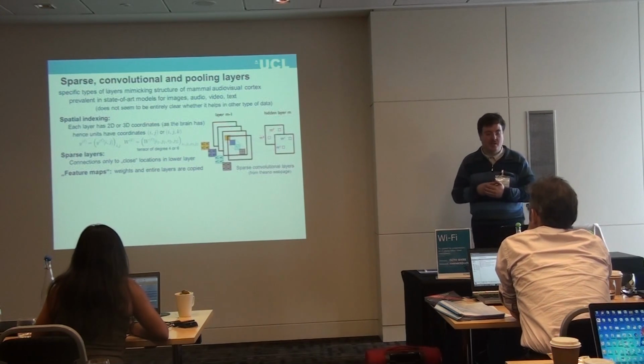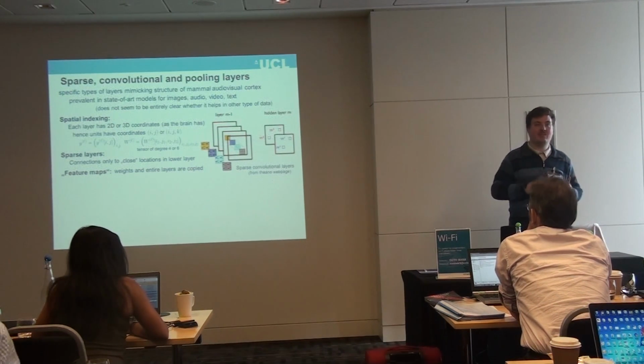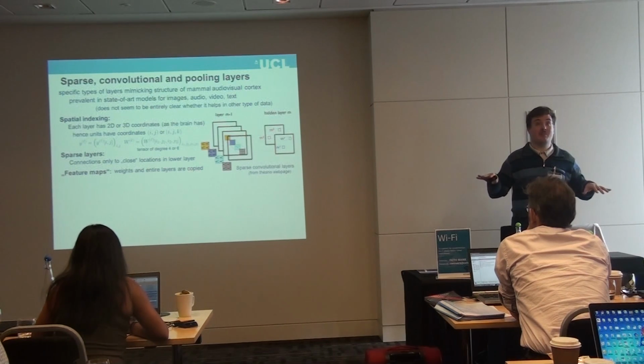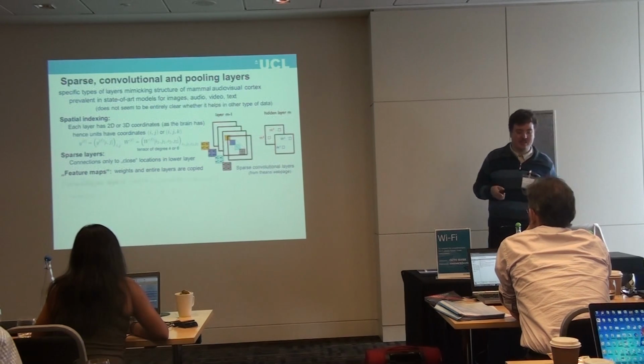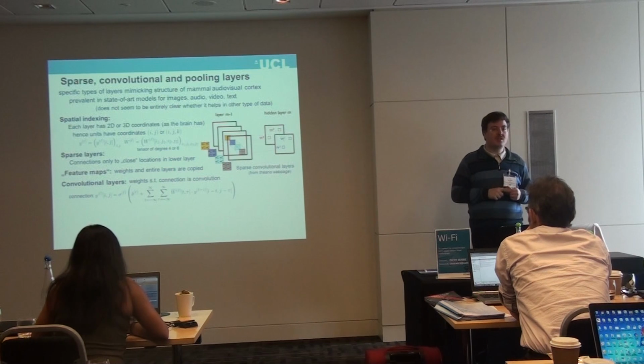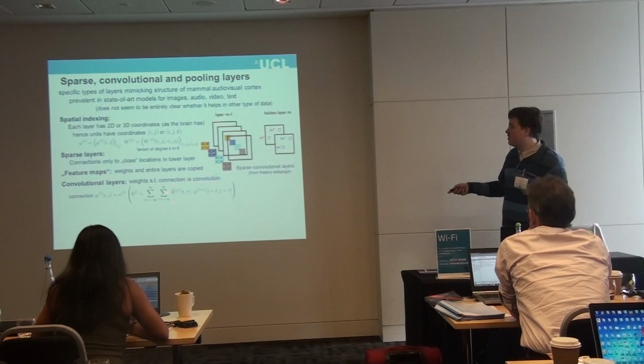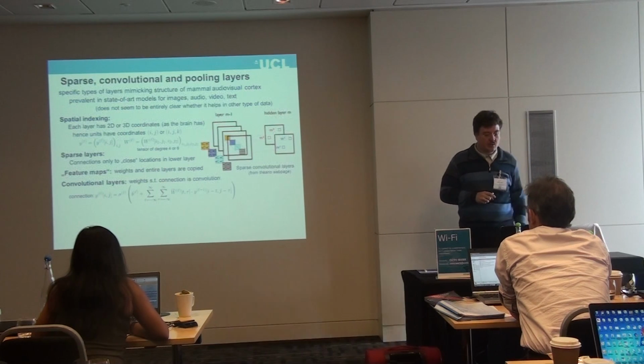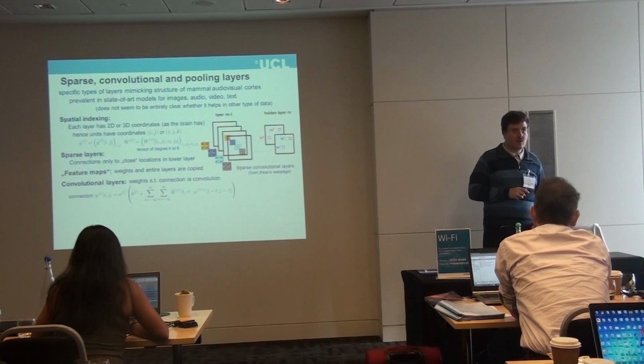This is combined with copying of weights. So you have copies of layers with the boundary condition that the weights are always the same, and convolutional layers where the linear function is restricted to be a convolution.